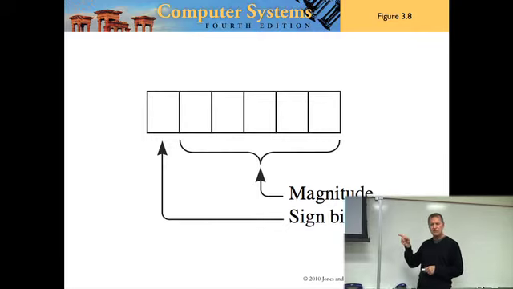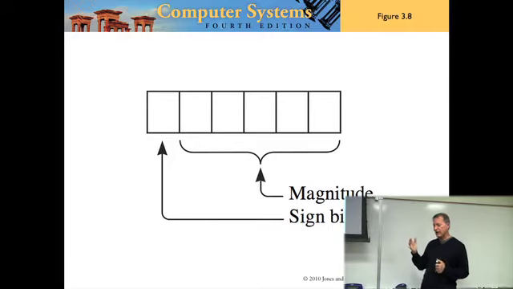And what was the rule? If it's 0, it's what? It's positive. If the sign bit is 0, it's positive or 0. It's non-negative. Right? Whereas if the sign bit is 1, what is it? It's negative.